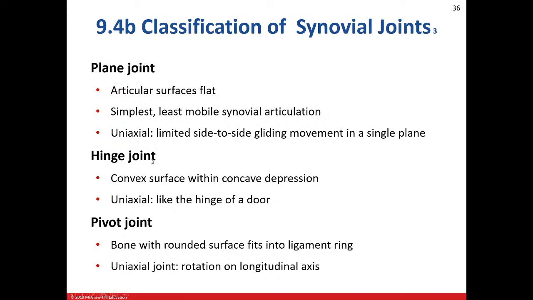That's a hinge joint. The pivot joint is where the bone has a rounded surface that fits into a ligament ring. It's also uniaxial, so you can do rotation on a longitudinal axis. So that would be like between the humerus and the radius, where the radius can rotate.